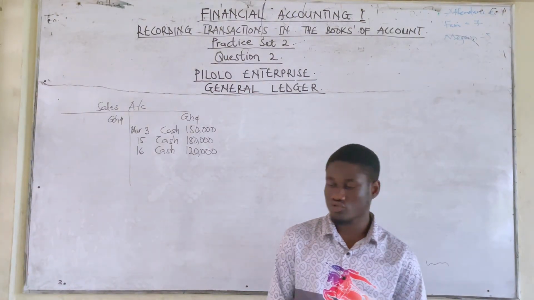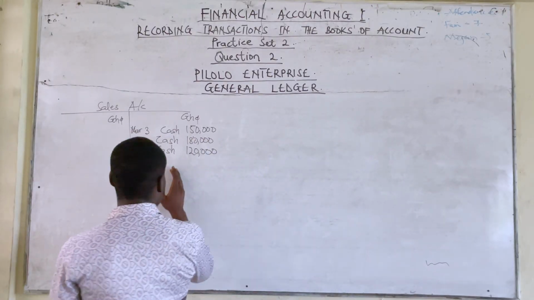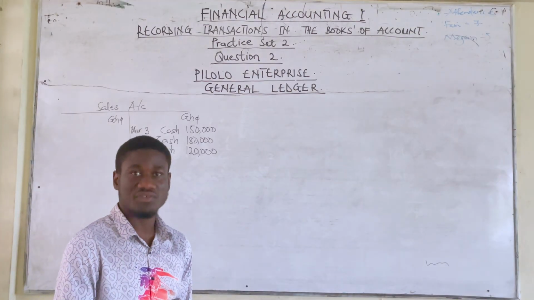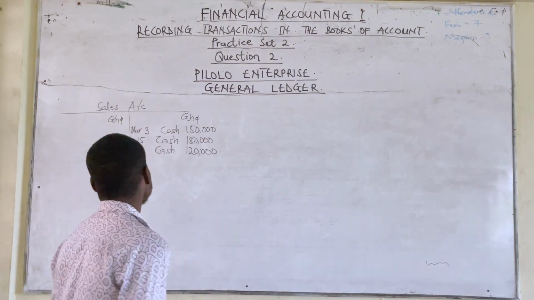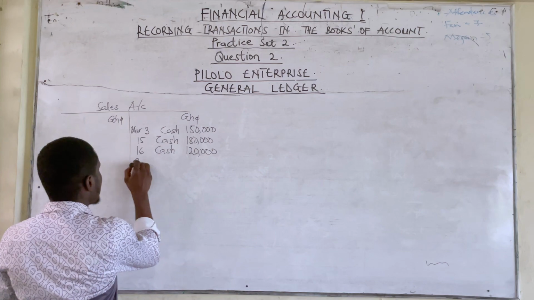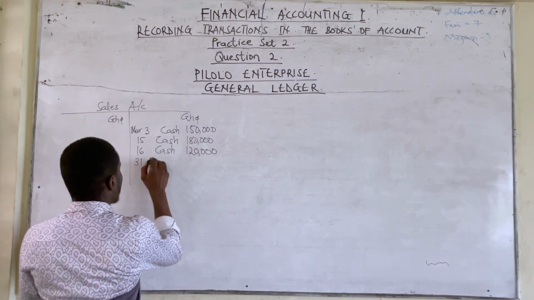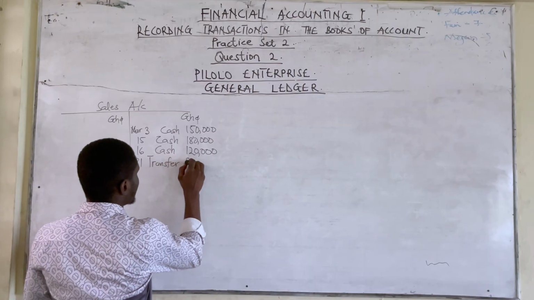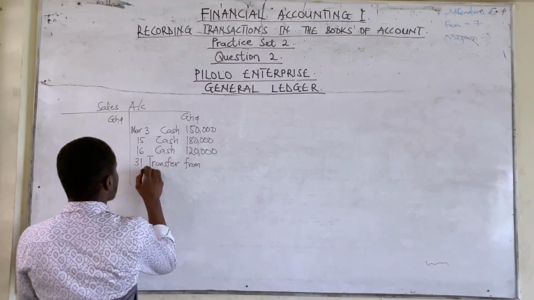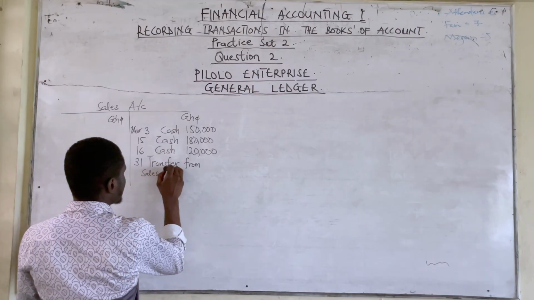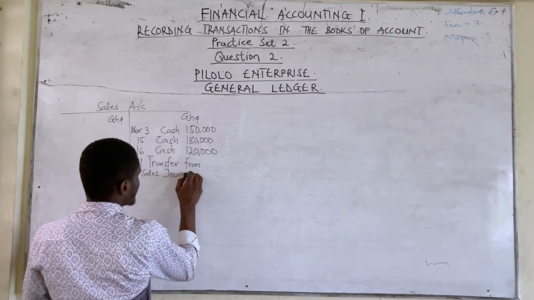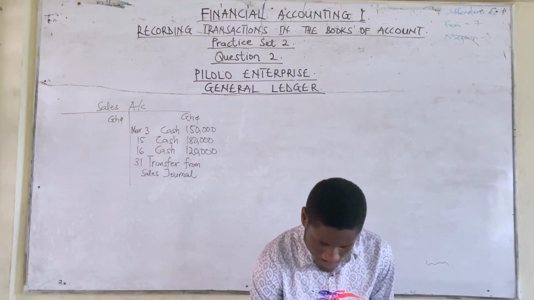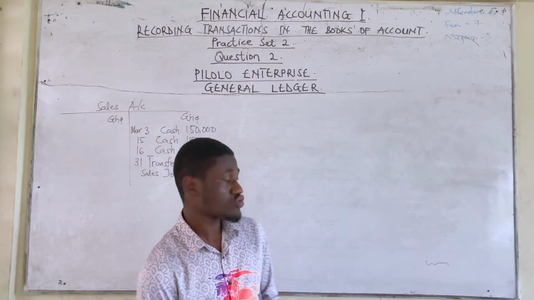So we are now going to transfer our what? Credit sales. Because the sales account involves the cash sales and what? Credit sales. Okay, good. So at the end of March, to transfer from sales journal, and the amount we had was 222,000.